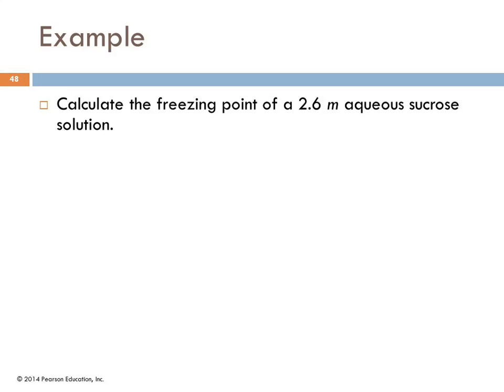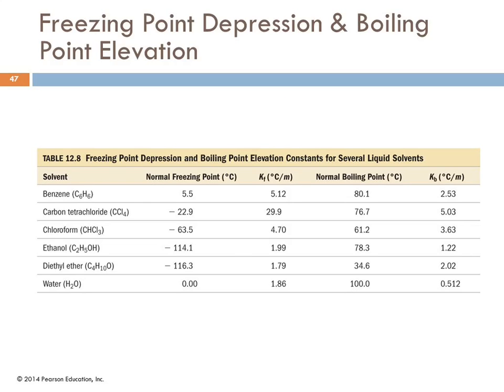Calculate the freezing point of a 2.6 molal aqueous sucrose solution. Well, we're going to need some information. Here's water. It was aqueous. We know that water has a normal freezing point of 0. This is what we need.